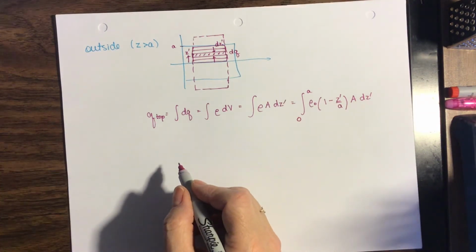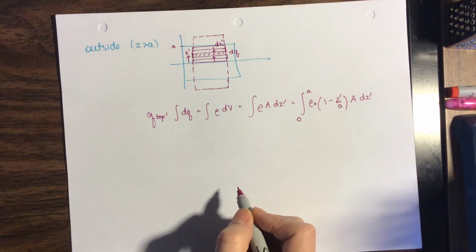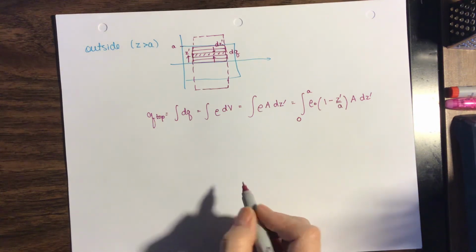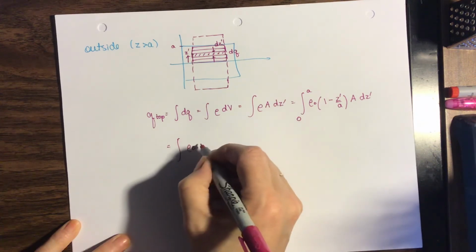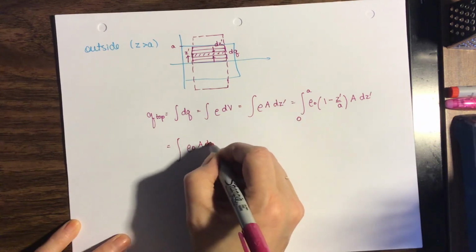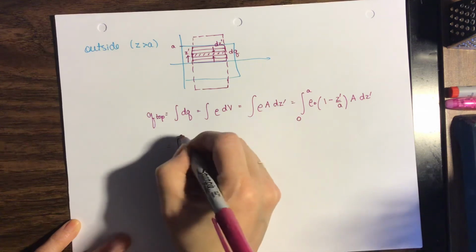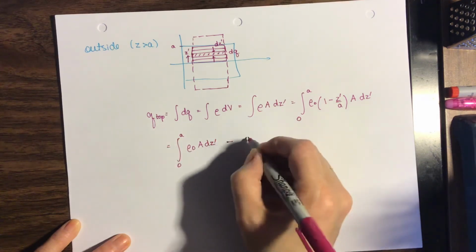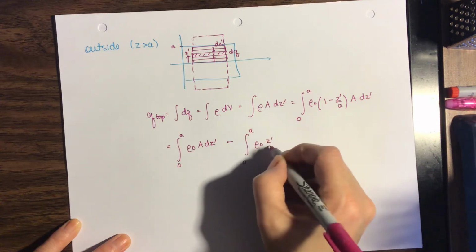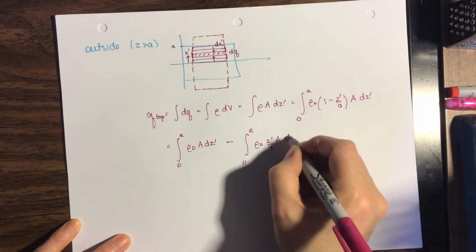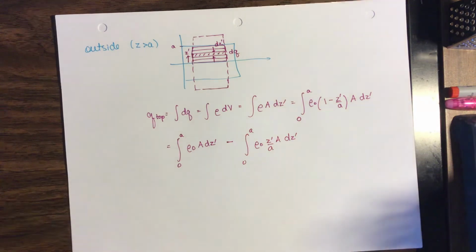Okay, so we can follow this integral through the same way. So this is equal to the integral of rho naught A dZ primed from 0 to A, minus the integral from 0 to A of rho naught Z primed over A times A dZ primed.